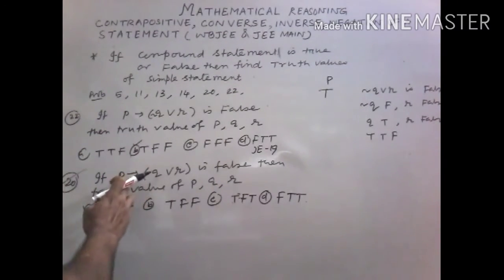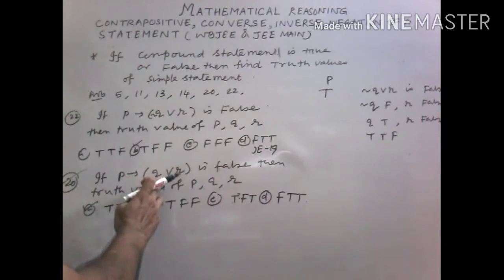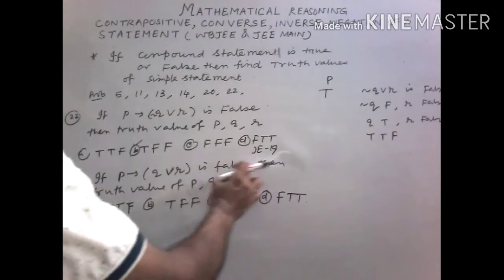Problem number 20. P arrow (Q disjunction R) is false.